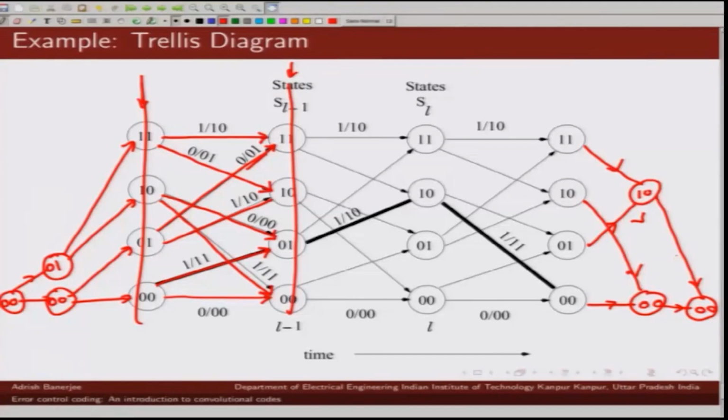So, you can see how the states are evolving with time in the trellis diagram. With this, I will end my discussion on state diagram and trellis diagram. Thank you.